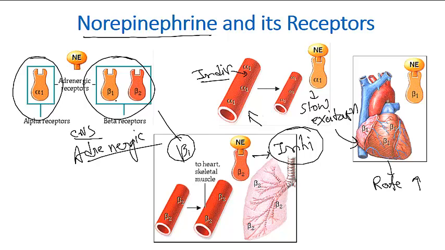So with alpha 1 and beta 1, both receptors, when attached to norepinephrine, cause a slow excitation, but whenever norepinephrine is attached to beta 2, it causes slow inhibition. This type of interaction of norepinephrine with the beta 2 receptor produces slow inhibition that causes the smooth muscle to dilate.